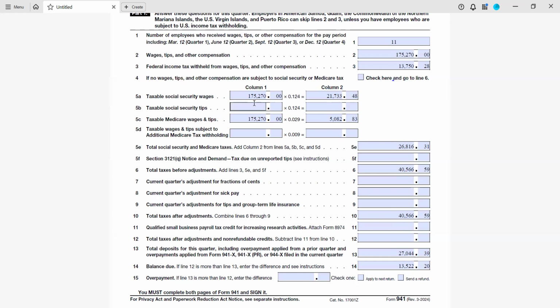Okay. So for the taxable Social Security wages, you have to pay half of the employee's contribution to Social Security, and they have to pay half. So what you see right here is 12.4%, and then this is 0.029, which is, what is it?